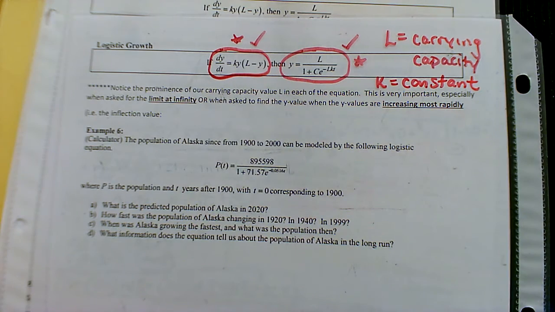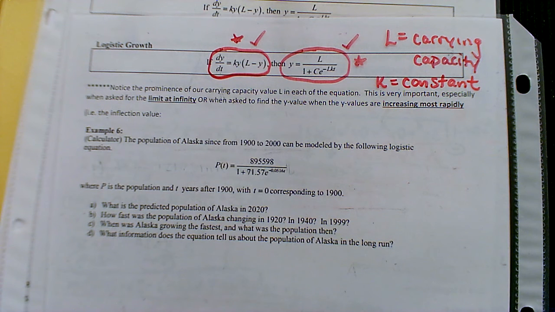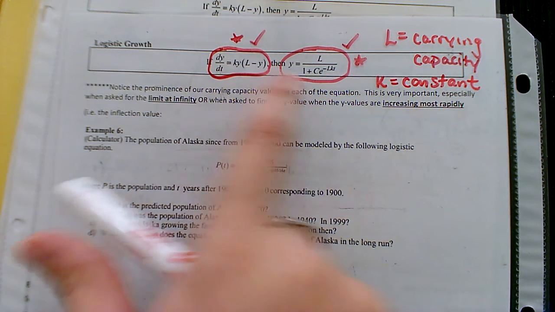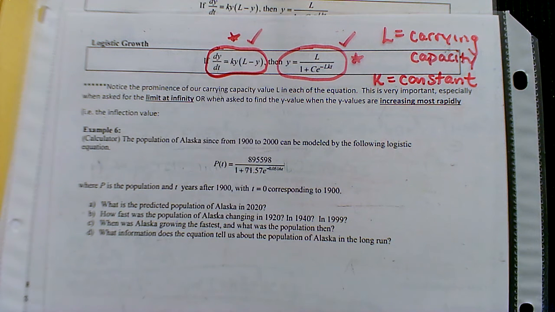Sometimes they'll tell it to you, sometimes you actually have to figure it out. We doing okay so far? Tomorrow we're going to take a look at this free response type question that involves using both the differential and the solution. Okay?